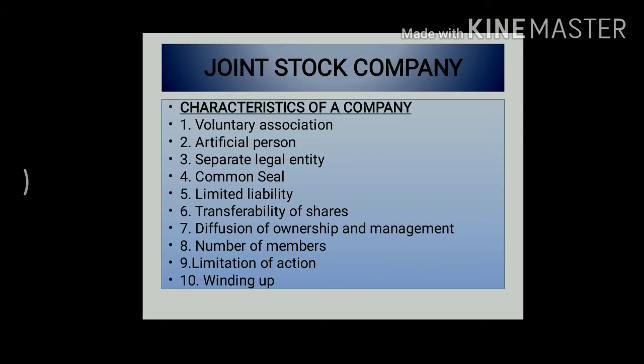And the article of association is defining the relationship of the company with its members. See, when I'm saying memorandum of association, it defines the relationship of the company with the outer world. Whereas article of association defines the company's relation with its members and how it is going to be run.